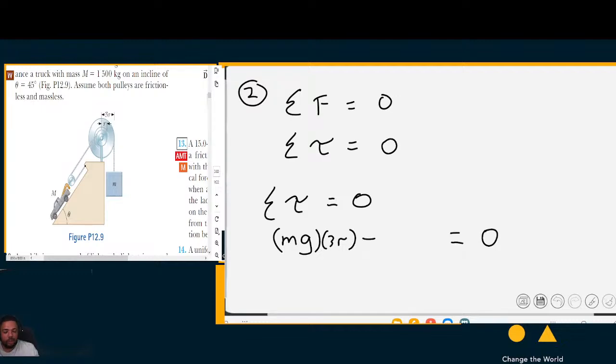Then you subtract the torque in the opposite direction. So this is the clockwise torque, and the counterclockwise torque would be negative.